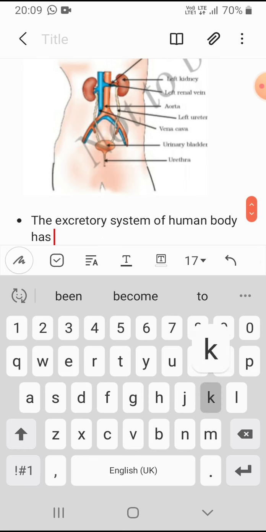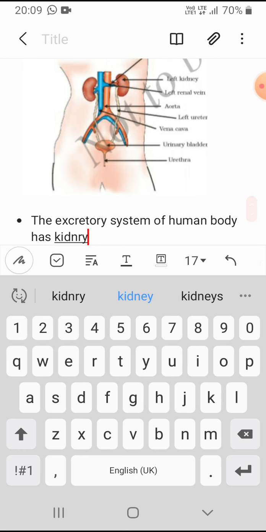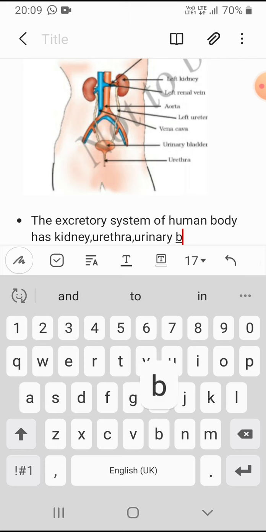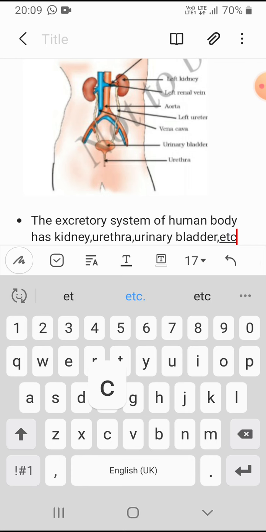has kidney, urethra, urinary bladder, as well as many other things.